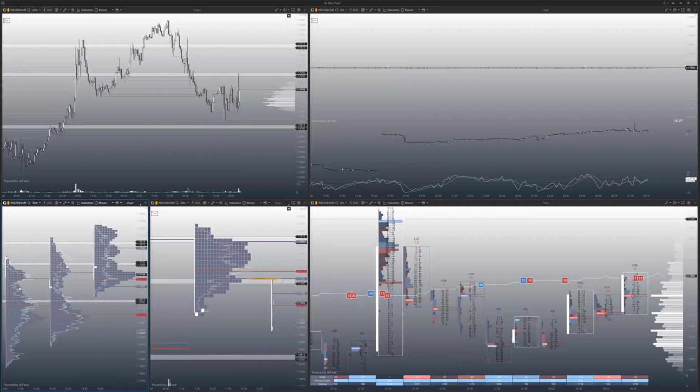But as long as it's below 17,330, it's possible that we play a little bit in a range today between these prices, 17,330 and also 17,080. It can play a range. That's what I'm looking for in 6E.